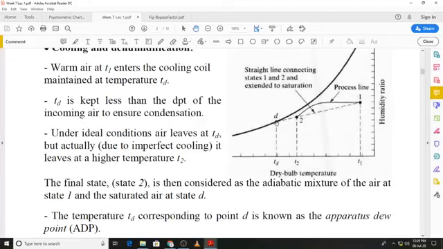And we will see later on how this actual process can be replaced by the process of adiabatic mixing of states 1 and D. The coil surface temperature is also referred to as the apparatus dew point, generally represented by the abbreviation ADP.